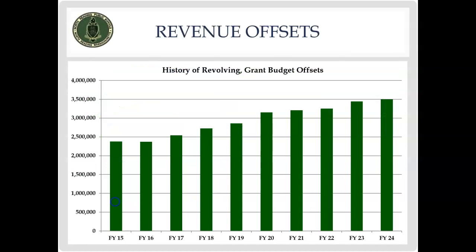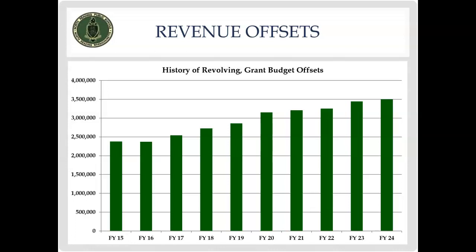Here's the school's history of our revolving and grant, both federal and state, budgetary offsets for the last 9 or 10 years. You can see these numbers have stayed about the same, about $2.5 million. It has not changed significantly in the last number of years, because we've had some more stimulus and COVID-19 relief grants in recent years, starting in about fiscal year 21-22.